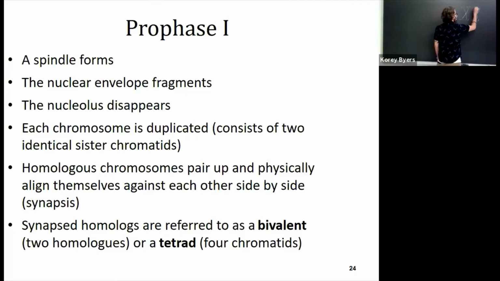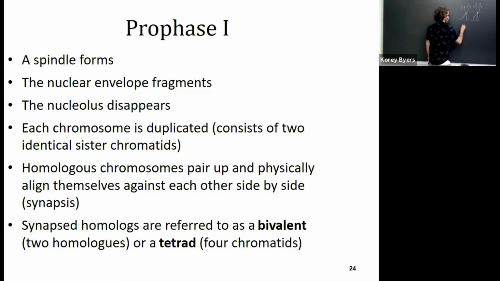Tetrad is referring to, in this situation, there are technically speaking 4 copies of that chromosome. And so bivalent just says we have 2 homologous pairs here. Tetrad, tetra means 4, is saying we have 1, 2, 3, 4 copies of that chromosome in meiosis 1.